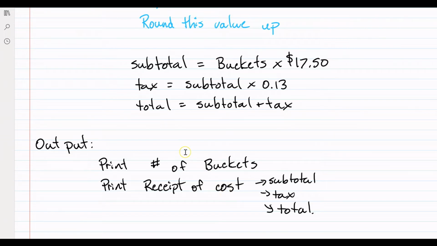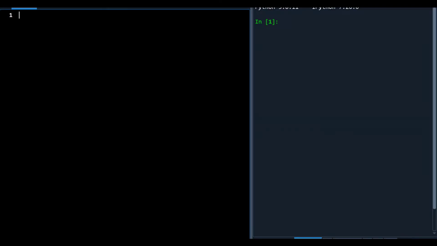Now we are ready to open up our development environment and start writing the code to accomplish this task. Let's open up Spyder or whatever IDE you want to use. The first thing we're going to do is add some comments to help us figure out what's going on.